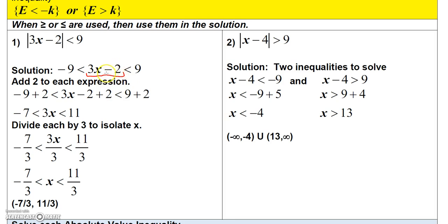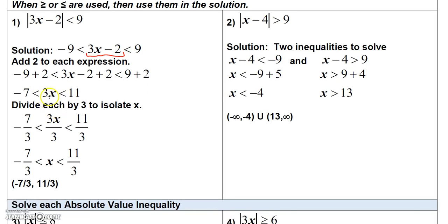The first step would be to add 2 to all three of these expressions. So I would take negative 9 plus 2, 3x minus 2 plus 2, and 9 plus 2. And that would give me 3x in the middle. So I have negative 7 is less than 3x is less than 11.